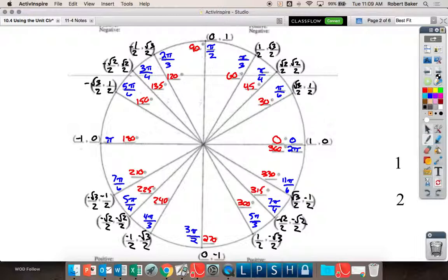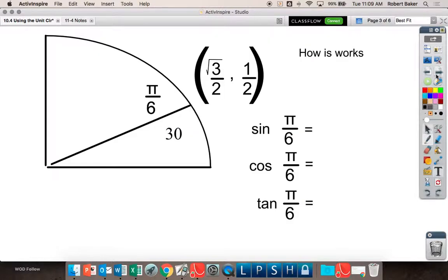Here's how trig in radians works. Trig in radians goes cosine, sine. That's it. That's the whole unit. Good job. Okay, it goes cosine, sine.